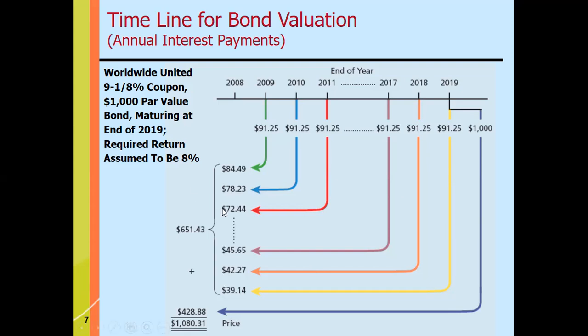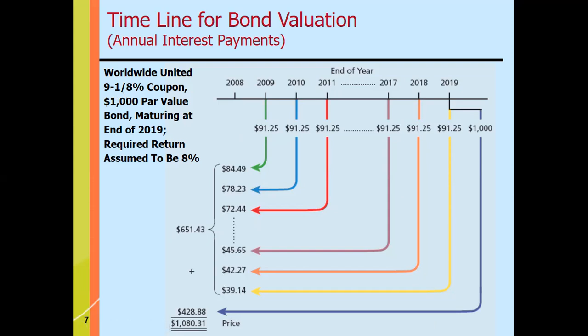To continue, we have the present value of interest. So we are going to compute either the long method or the short method or the shortcut. In long method, we have here the coupon payments, which is 9 and 1 over 8%. 1 over 8 is 0.125.